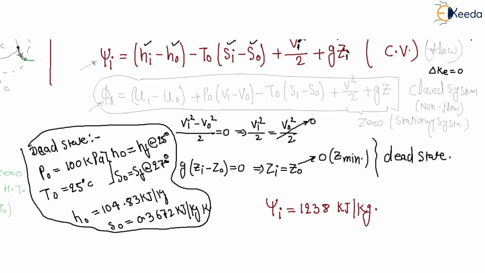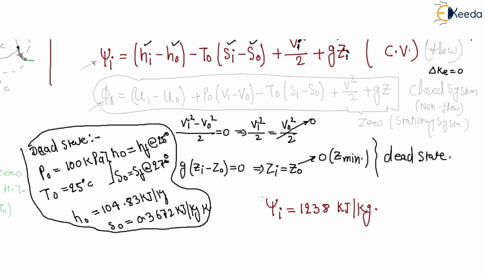That means every kilogram of steam entering the turbine has a work potential of 1238 kilojoule per kg. This corresponds to the power potential if you multiply it. So this is your 9904, right? Okay. So this is all about your exergy at inlet.